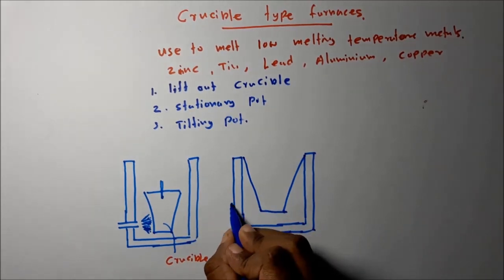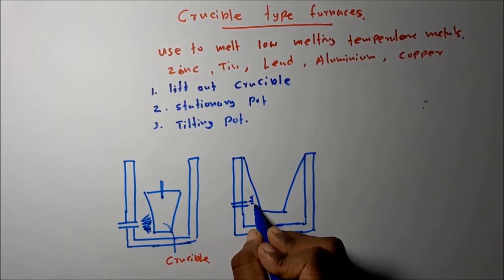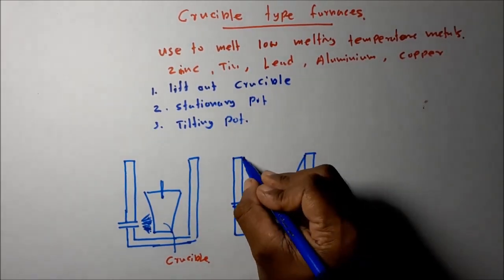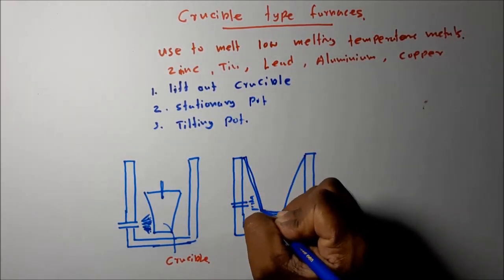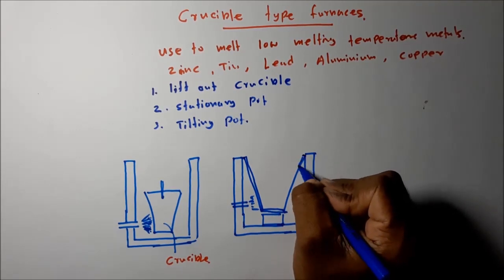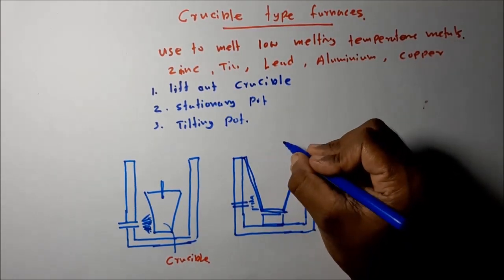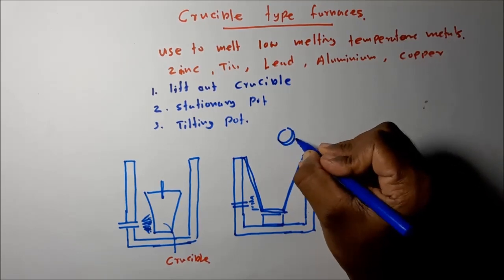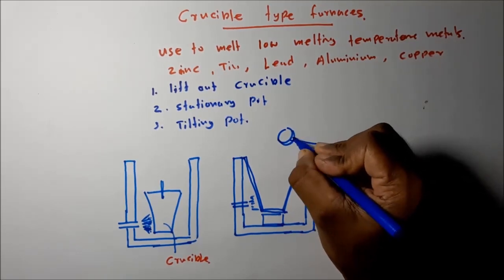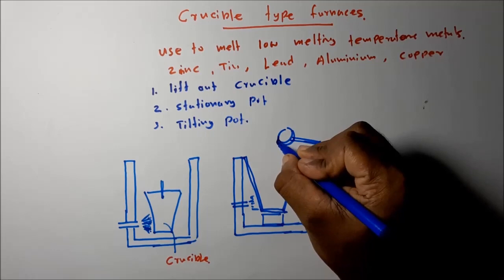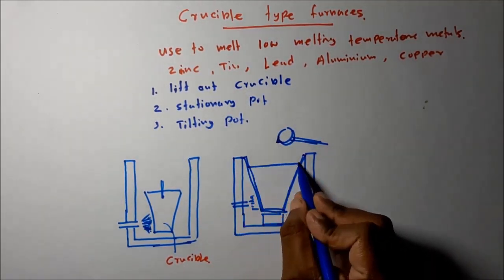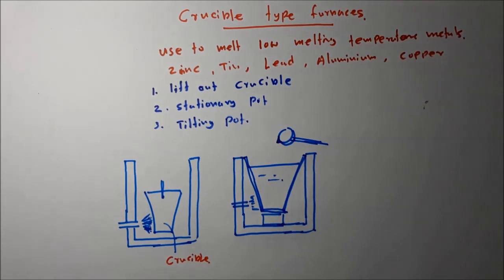Then this is the flame. This is stationary. Then a small ladle of this kind is used to take out the molten metal from the crucible.